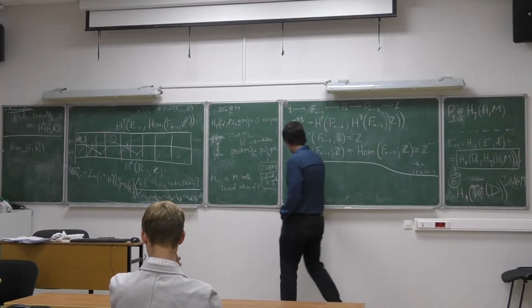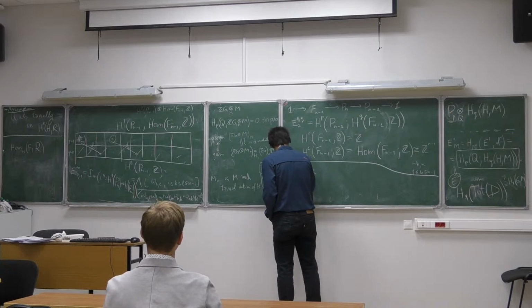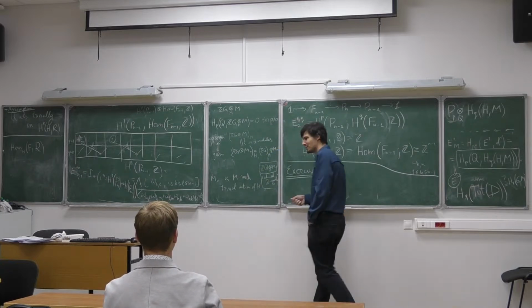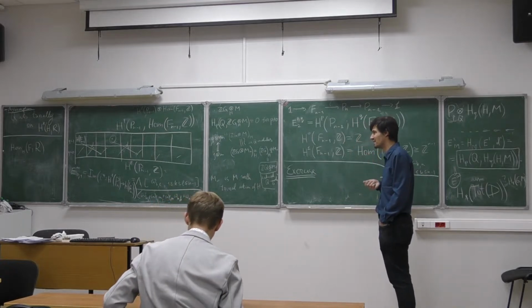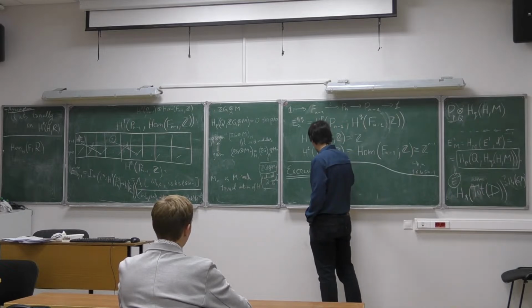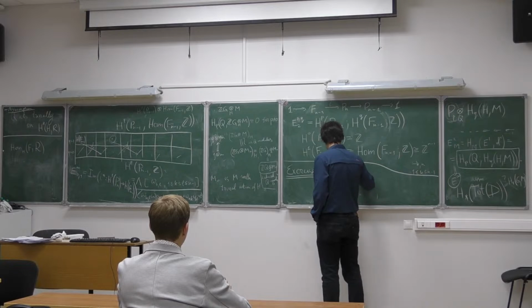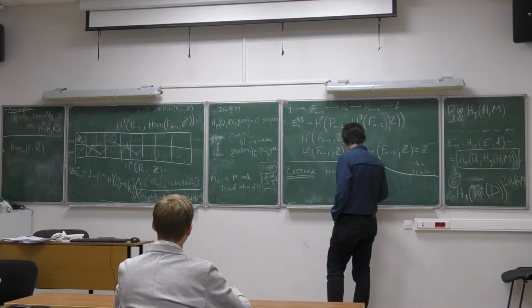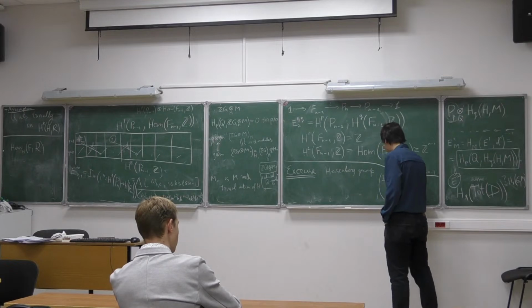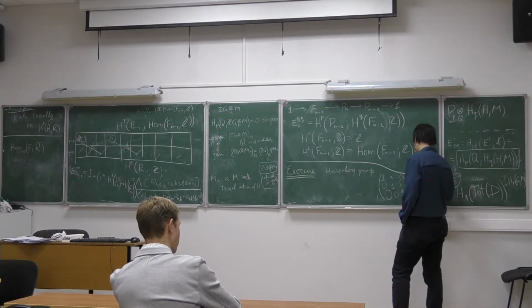I only want to suggest one very useful exercise: to consider the first case when there is a non-trivial differential. The first case is the following. There is the so-called Heisenberg group. Let us consider unitriangular 3x3 matrices with integral entries.